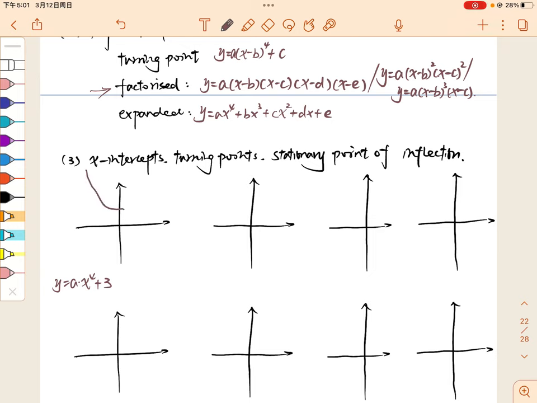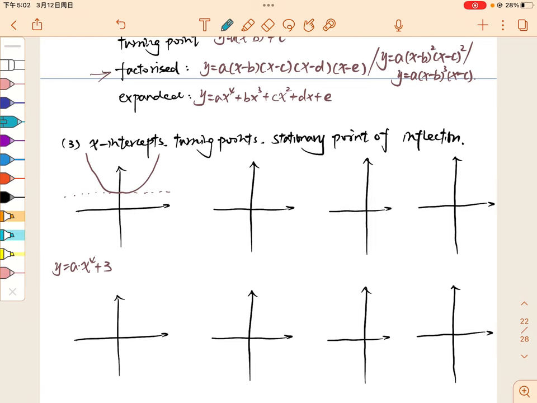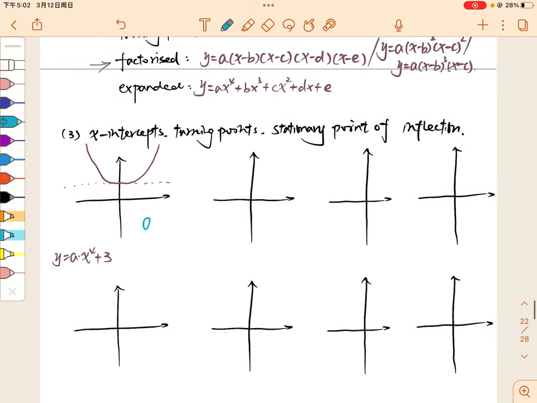And this would make your function like this. So your function is always above the line y equals 3. Everything will be above it. So this is a case where you have 0 intercepts. And when it is negative, you could have 0 intercepts as well. So your function would be like this. Okay, 0 intercepts.